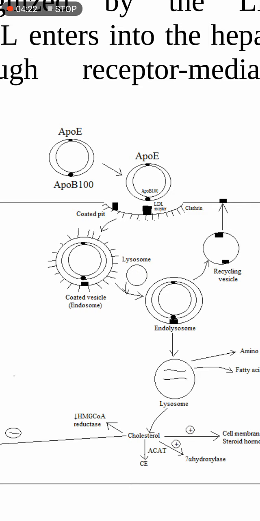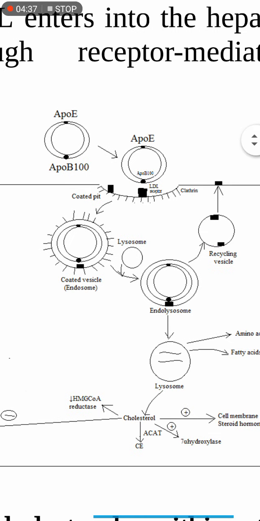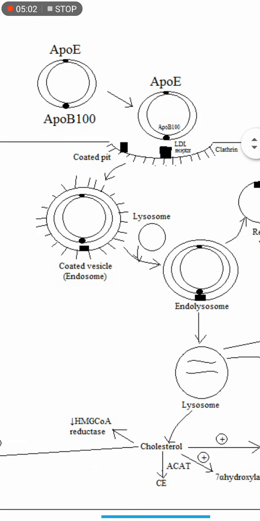After that, the coated pit forms a vesicle, a rounded structure. Inside it, the LDL molecule remains attached to the LDL receptor through ApoB100, and the coated vesicle lined by clathrin is called an endosome.